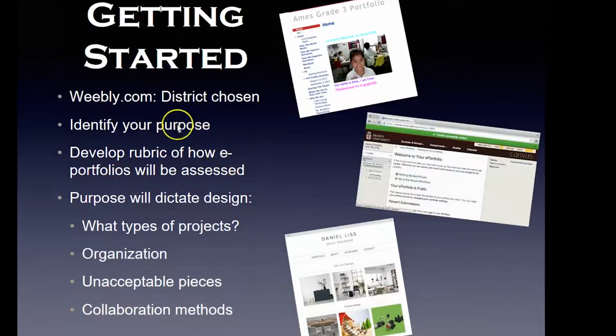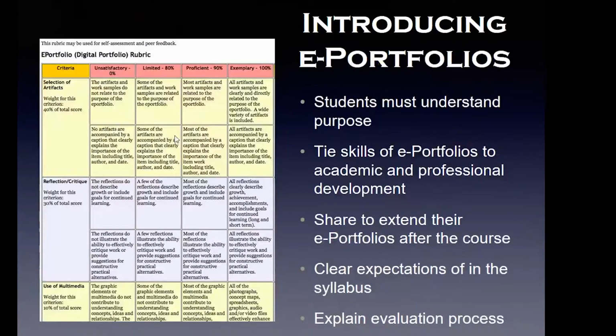But this all begins with you establishing the purpose in your classroom, and every content area is going to look different. When you introduce them, the students need to know why. They need to know what is this for, and it's important for you as a teacher to not let this go. You need to start it up and keep it going. Even if you don't use it every day, be consistent with it so the students know you're going to check it.